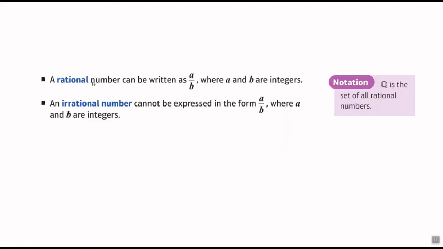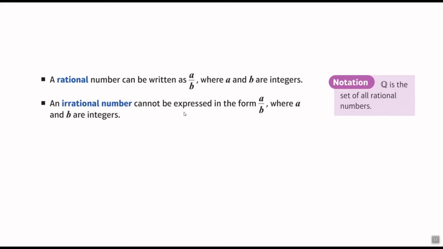Rational number. A rational number can be written as a divided by b, with numerator a and denominator b, where a and b are integers. This is the definition of a rational number: a divided by b, where a and b are elements of the integers. The notation for the rational numbers is the letter Q. The opposite of rational is called an irrational number.